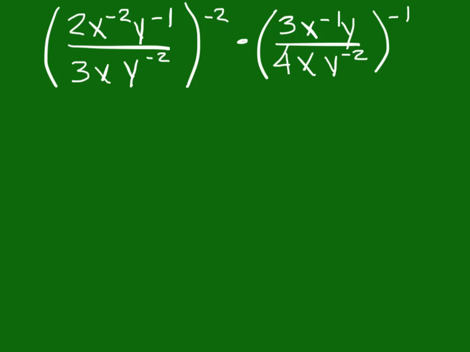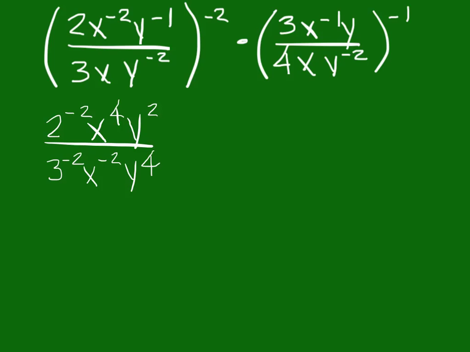So it should look like this. 2 to the negative 2 power to start off with, and then you distribute it to the rest, x to the fourth, y to the second, and then on the bottom you have 3 to the negative second, and then x to the negative second, y to the fourth. Again, that's from multiplying the negative 2 exponent by each exponent in this expression, and we come up with this.